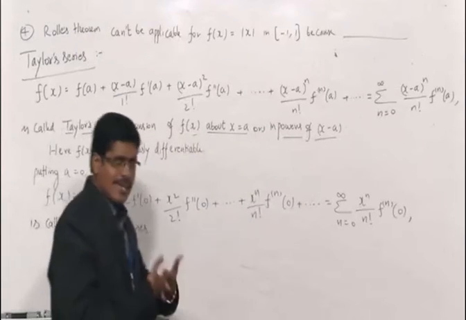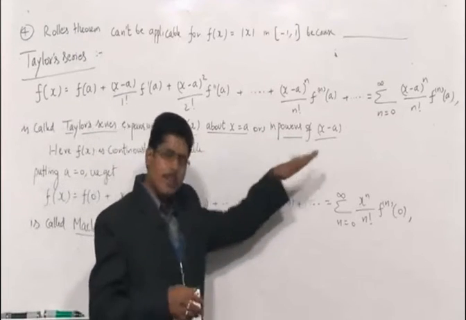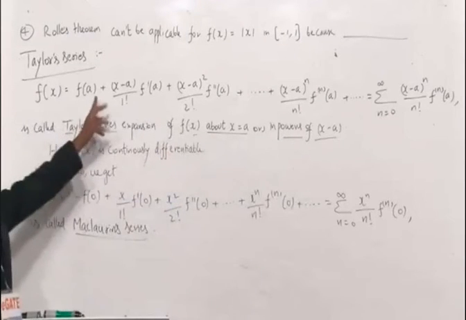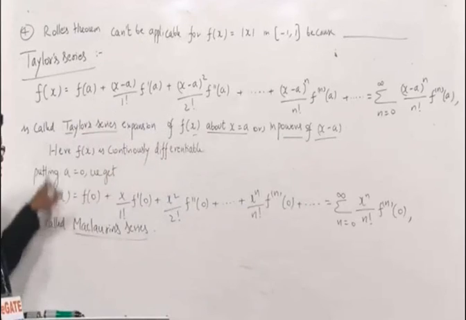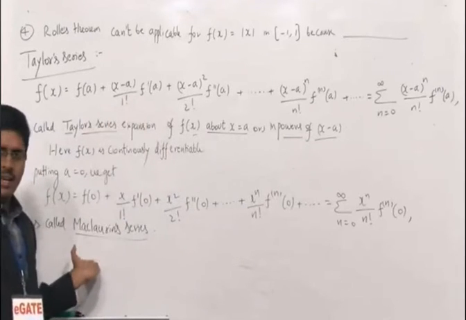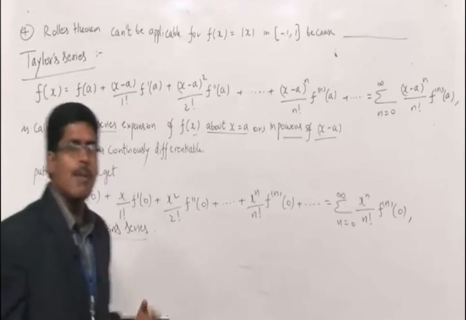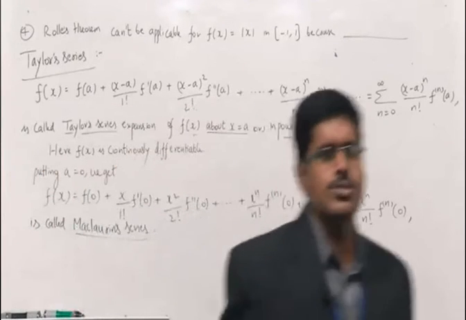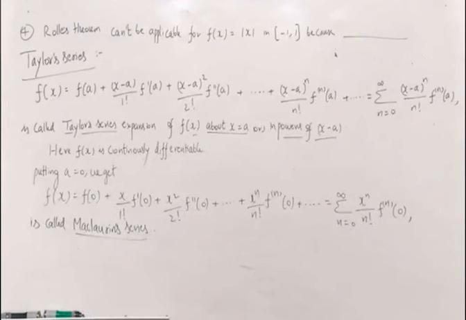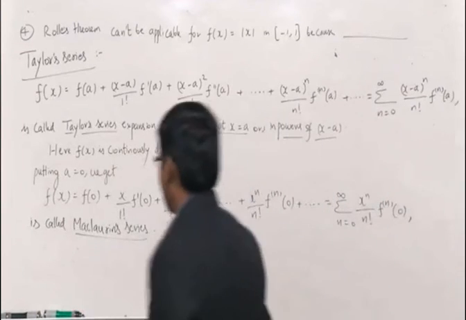Now in this, if you put a is equal to 0, the scientist Maclaurin invented this series, which is called the Maclaurin series, which is nothing but the Taylor series about the origin. Origin means a is equal to 0. Please learn both Taylor series by heart.